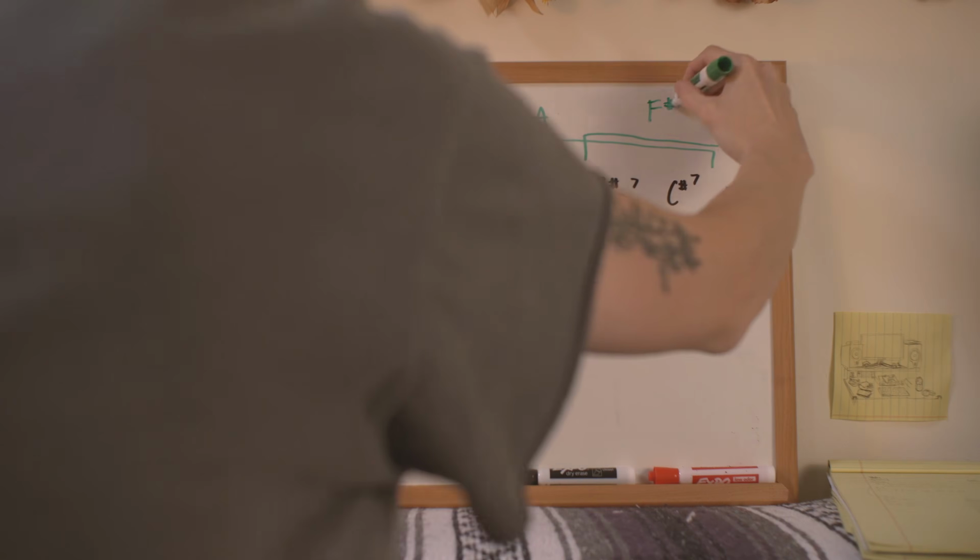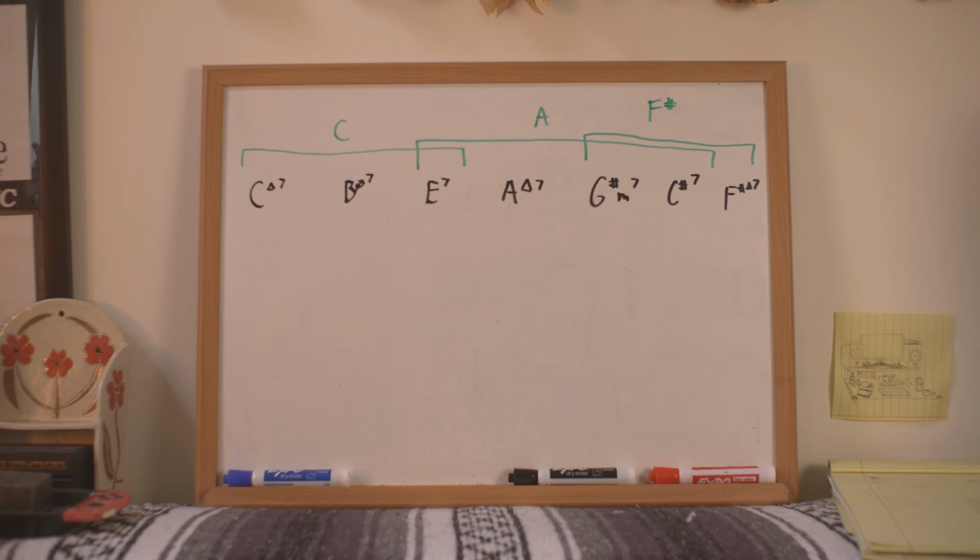For pivot chords, meaning chords that function in more than one key, you would use an overlapping bracket, and the cool thing is that you can use notes from either key depending on how you are developing your tension and resolution in your melody. So it's a very cool way to bridge key changes, I guess.